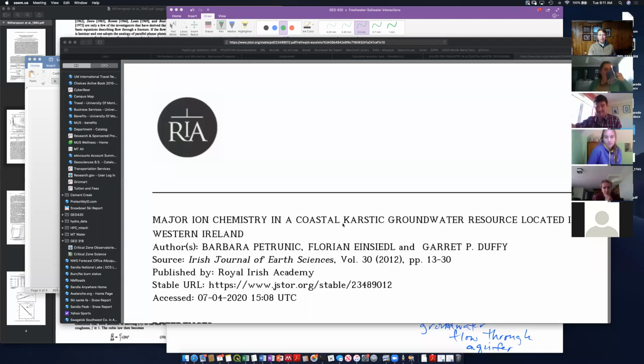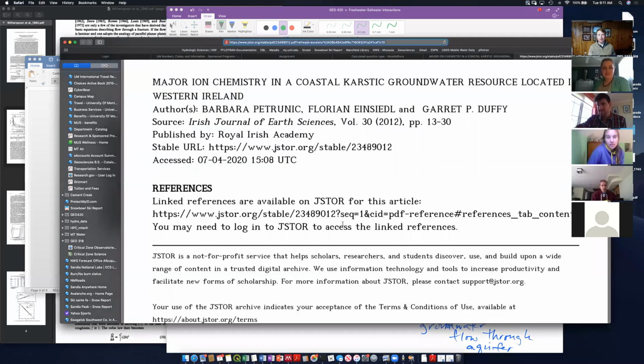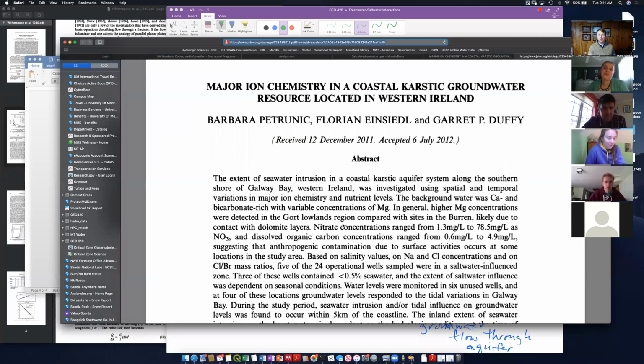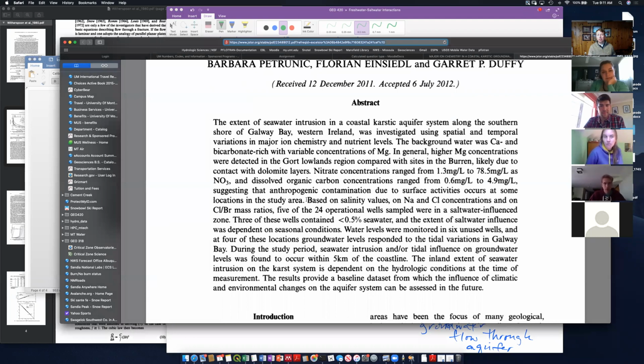Okay, so I did a 2-minute Google search on seawater intrusion in Ireland, and did find one interesting article where they looked at seawater intrusion by just measuring chemistry in a bunch of groundwater wells near the Galway Bay.